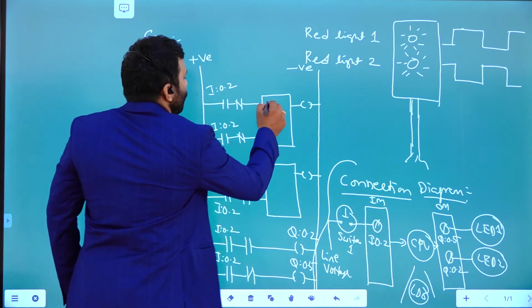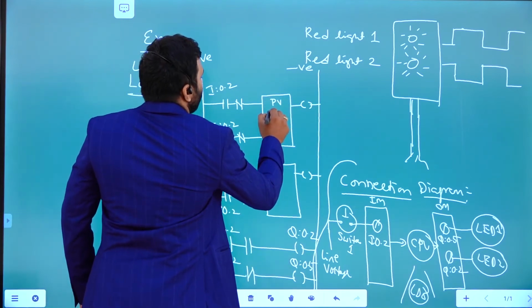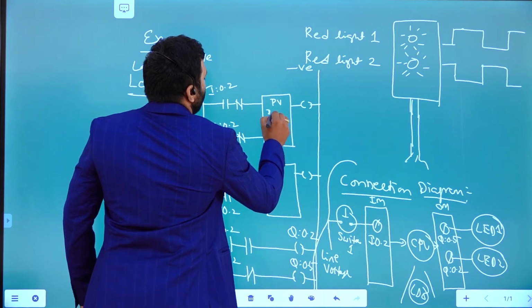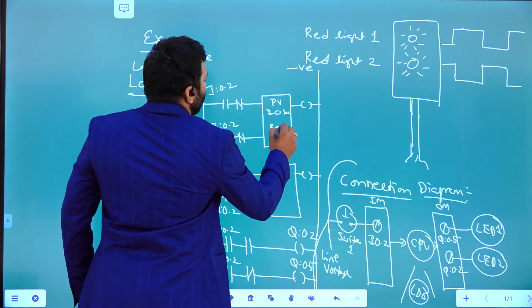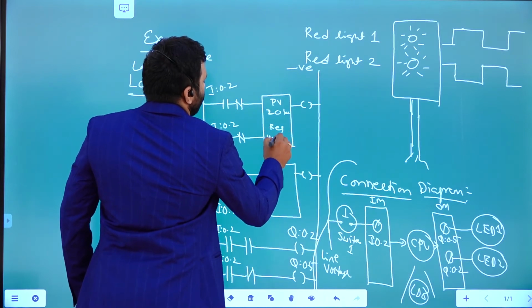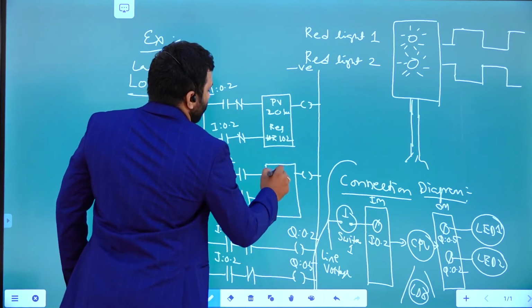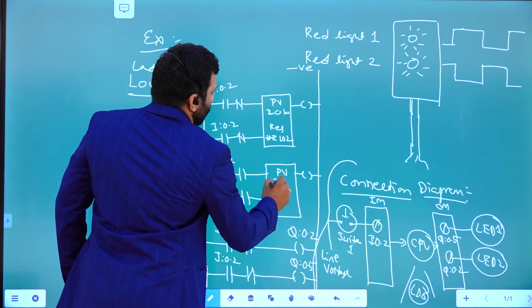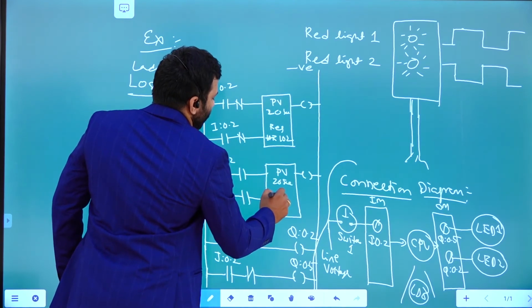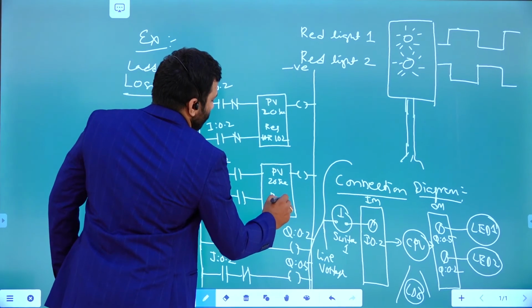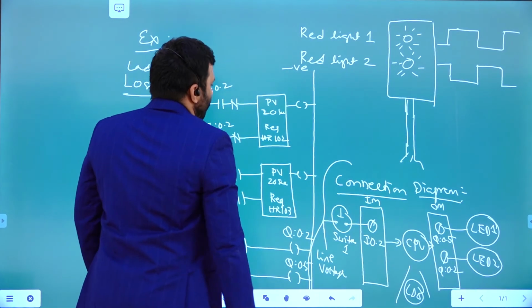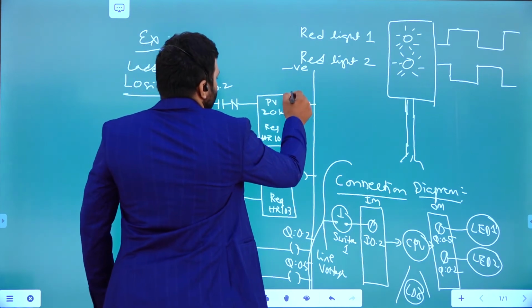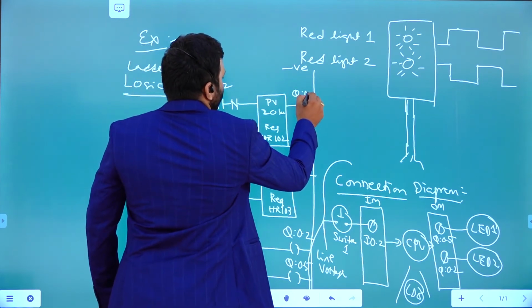How much delay do you want? That delay you need to place here. For example, if you want 20 seconds, the equivalent 20-second value you need to place. Here a holding register, for example 102. In a similar way, here a 20 second delay with holding register 103. Here you are also going to get 1, for example Q 0.6.